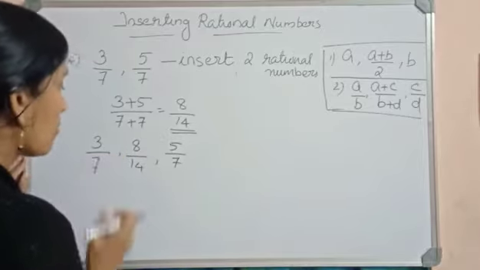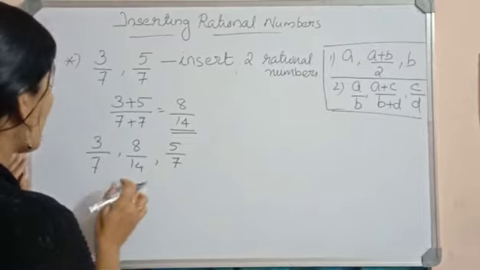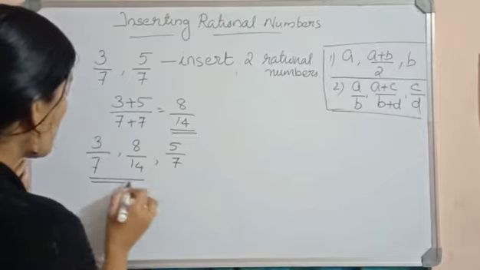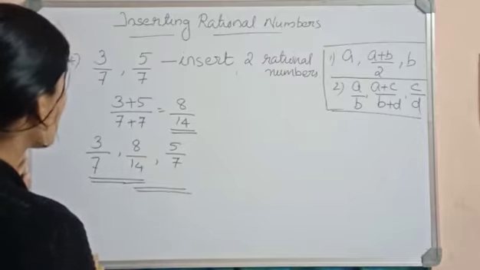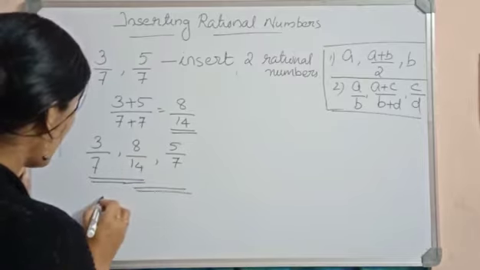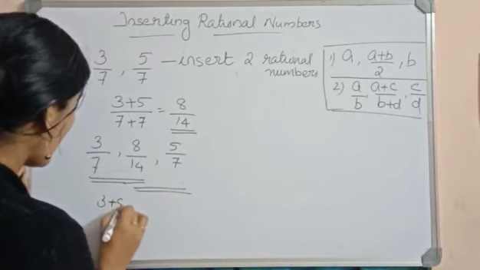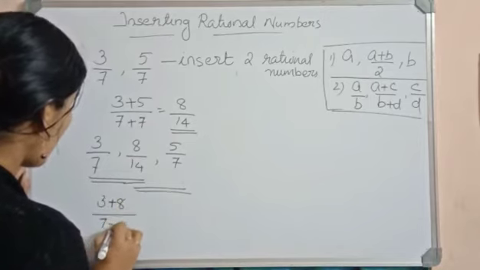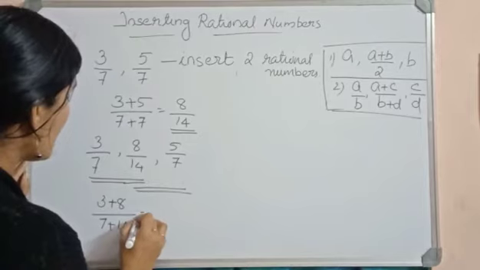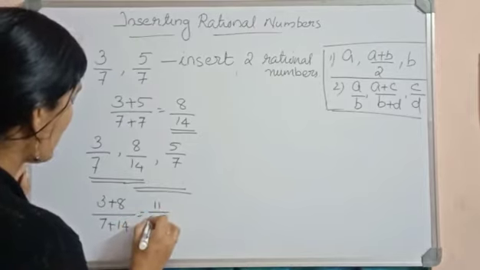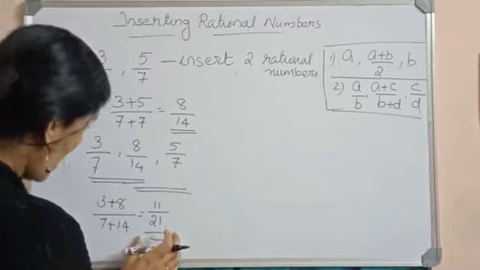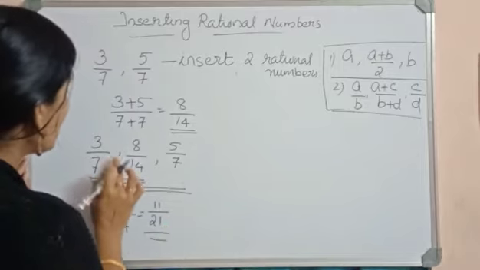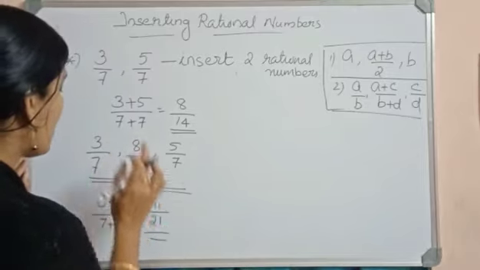Now one more number when you are inserting, you can consider either these two terms or the last two terms. Let's consider the first two terms. We get this as (3 + 8)/(7 + 14), and that is equal to 11 by 21. This rational number lies between 3 by 7 and 8 by 14.